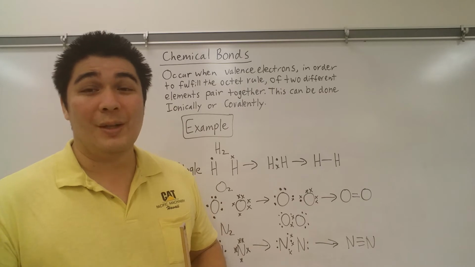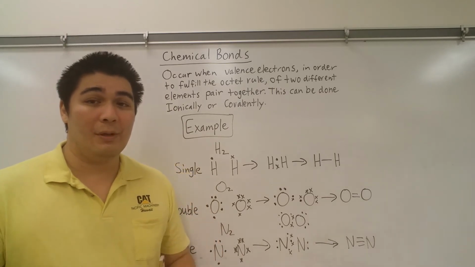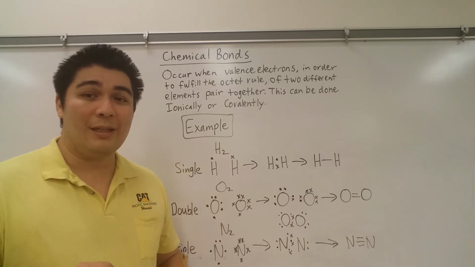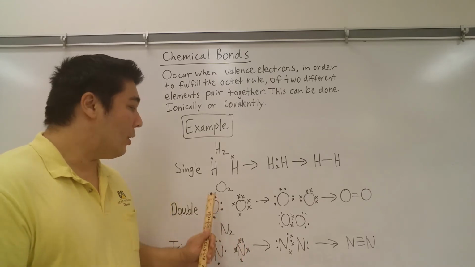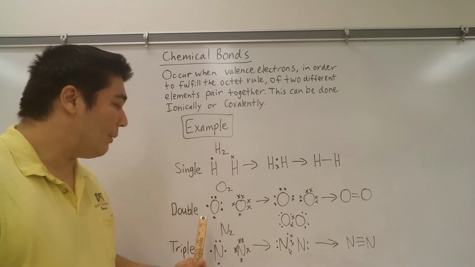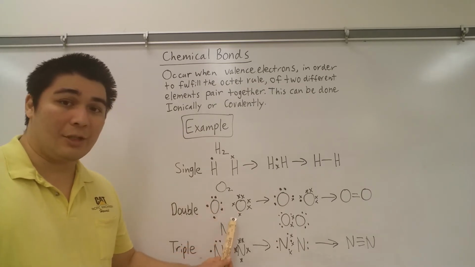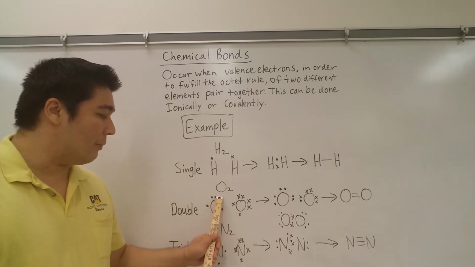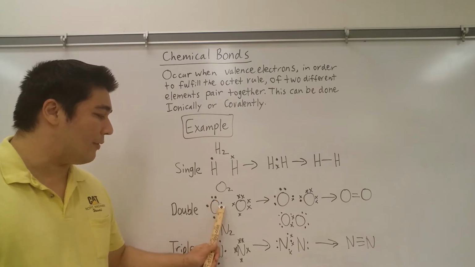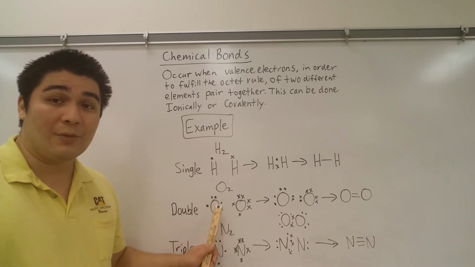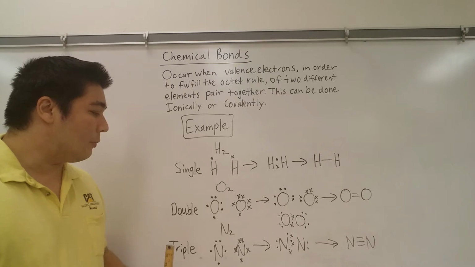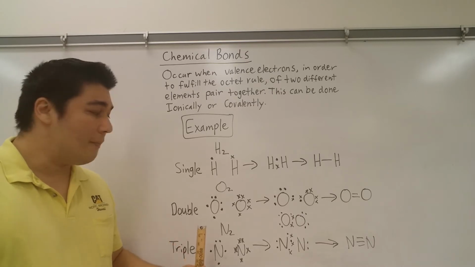Let us now move on to a double bond. And the best example of a double bond that is found in nature is oxygen, molecular oxygen, or O2. So from our Lewis dot structure, we have oxygen 1, 2, 3, 4, 5, 6, right? We're going right around just following the Lewis dot structure rules that we established in the previous video.